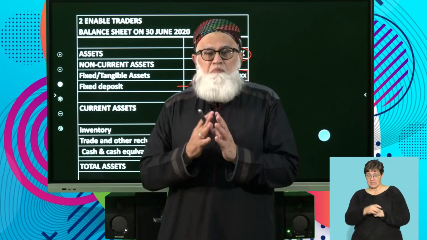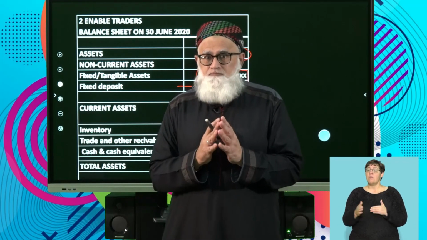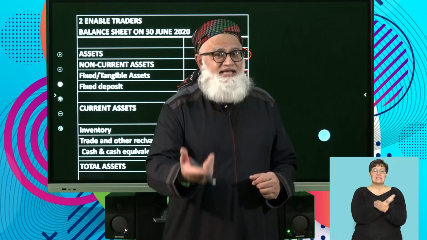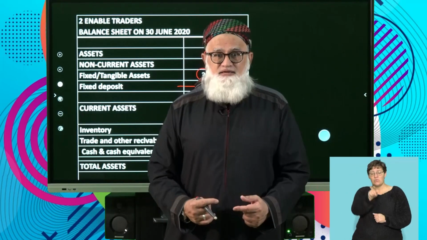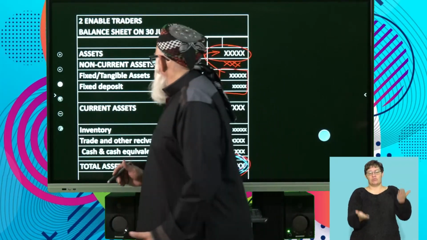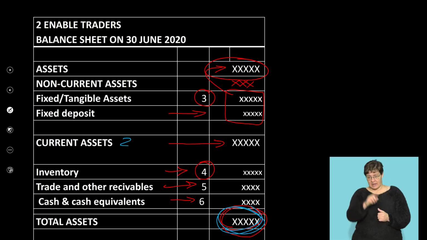Now, another important consideration here is sometimes you are given financial indicators to work out missing figures. Please, you must be able to do that. For example, if you are given a current ratio of 2:1, that means current assets is to current liabilities is 2:1.